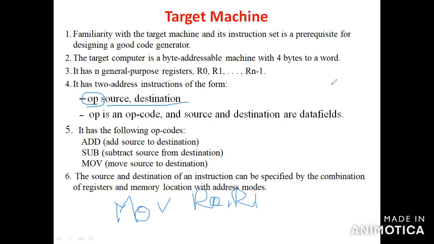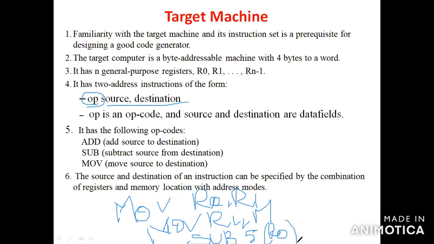The second instruction is MOV R1, M. The third instruction is SUB 5(R0), *10(R1). Here 5(R0) is the constant addressing mode, and *10(R1) is also one type of constant.